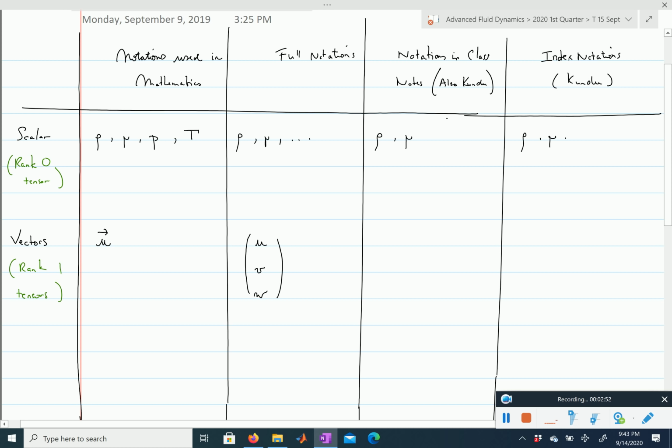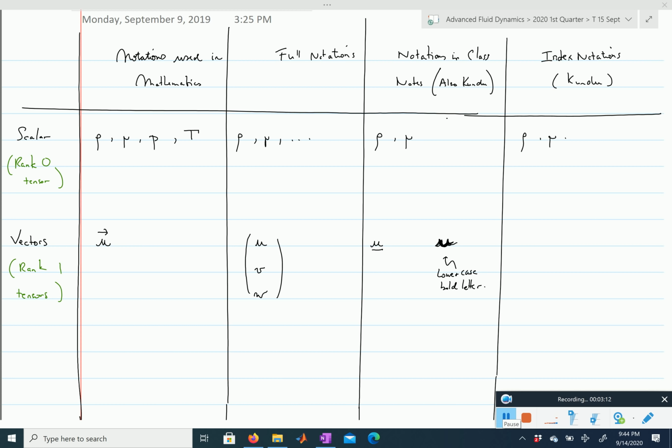In IFD, I will simply write them as a letter with a bar underneath. Those are the notations which I will use. In Kundu, oftentimes you will see, instead of the bar, a lowercase bold letter.